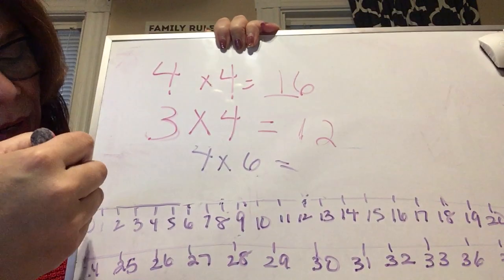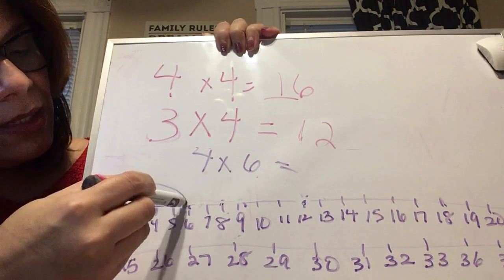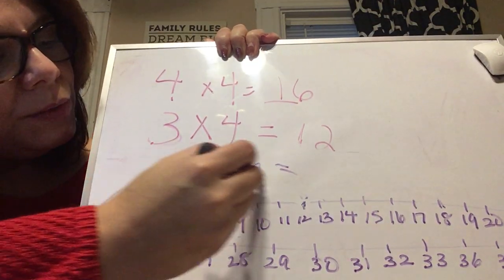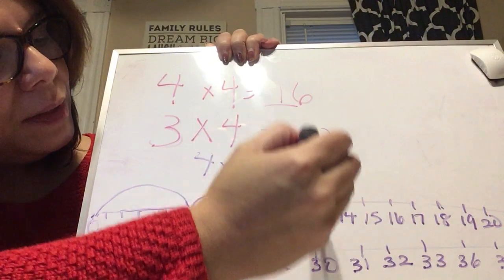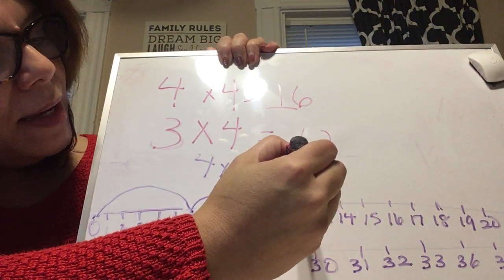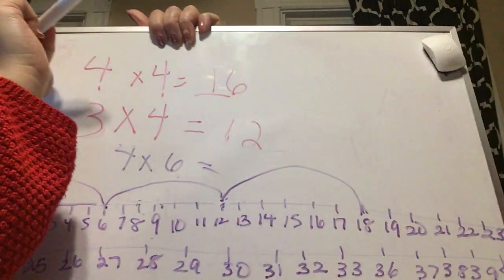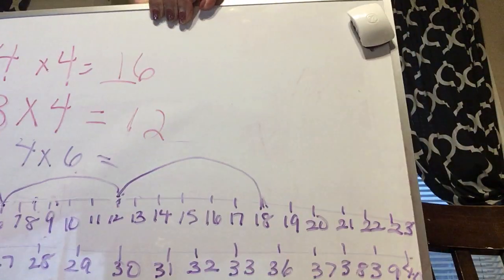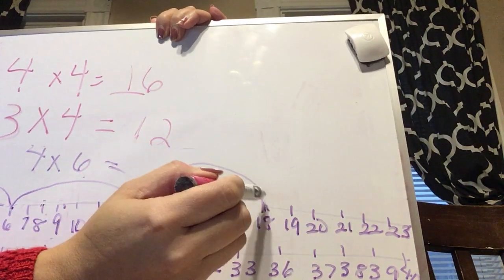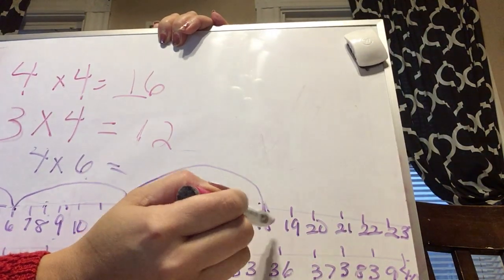All right, so 4 hops of 6. We have 6. Then we go to 12. And that's 2. We have one more, stopping at 18. So far that's 3 hops of 6. Now we're going to hop over 6 more.